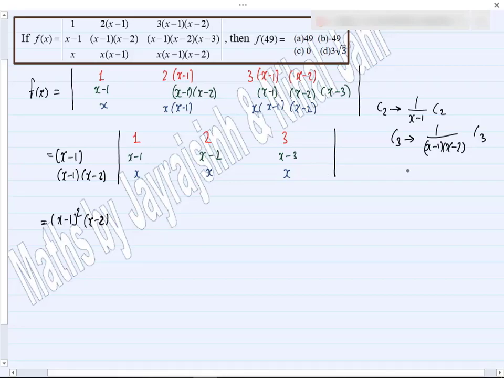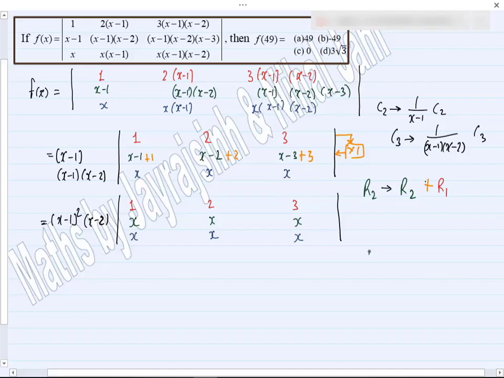We can further simplify our second row by taking plus R1. So simply let's add our first row to the second row. So here we'll get plus 1, plus 2 and plus 3. In this operation, our first and third row will be as it is, and second row will be x, x and x.